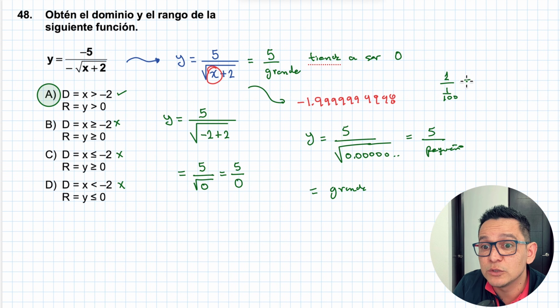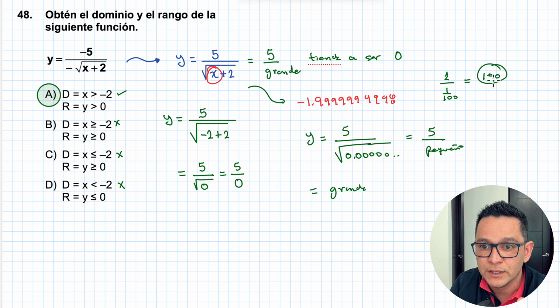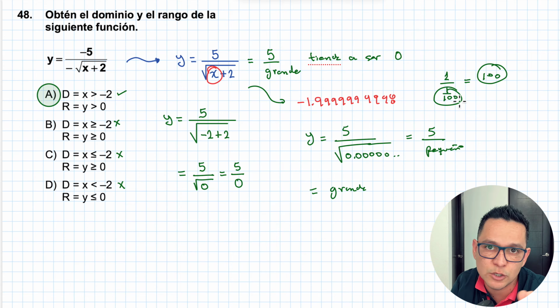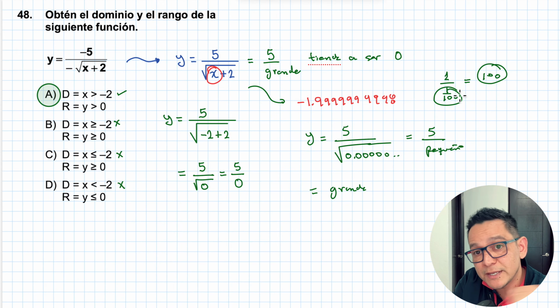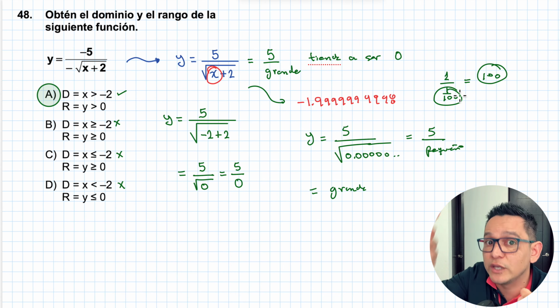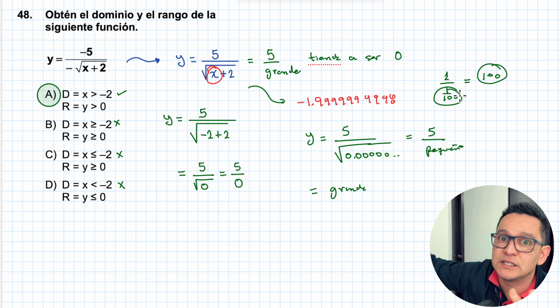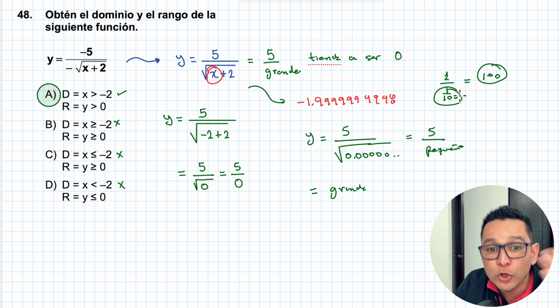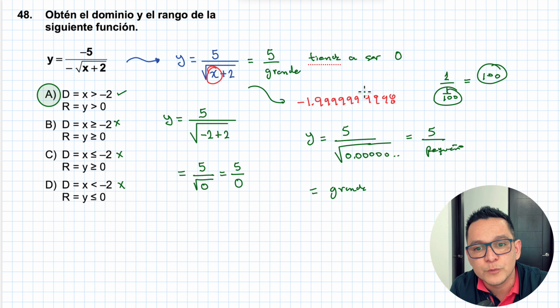If you divide 1 by 1/100th, you'll get 100, right? Do the division so you can see. So, look, the smaller the denominator gets, here I'm using 0.01, the result of 1 divided by that small number tends to be a really big number. Therefore, when I use a value that's really close to -2, I get a really big number, okay?